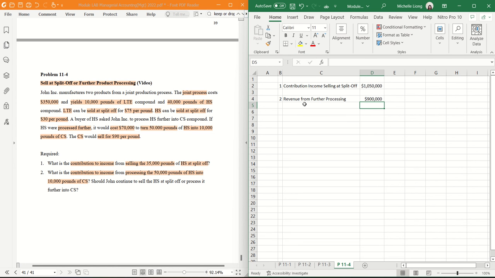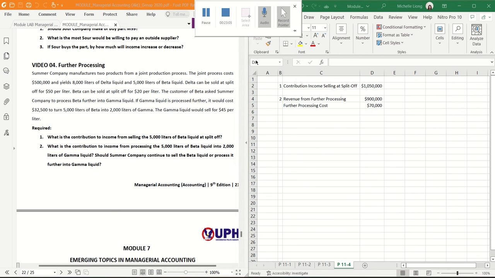Now we will see the further processing cost. They said that it will cost $70,000 to turn 50,000 pounds into 10,000 pounds. So you can directly write it's $70,000. Okay, wait a minute.